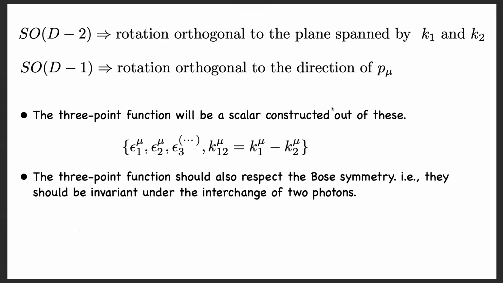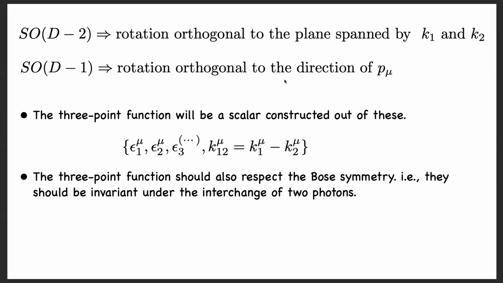So in this case, we will denote the group SO2, which is the rotation group of the plane orthogonal to K1 and K2, and the rotation group SO(d minus 1), which is the rotation group of the plane orthogonal to this vector.